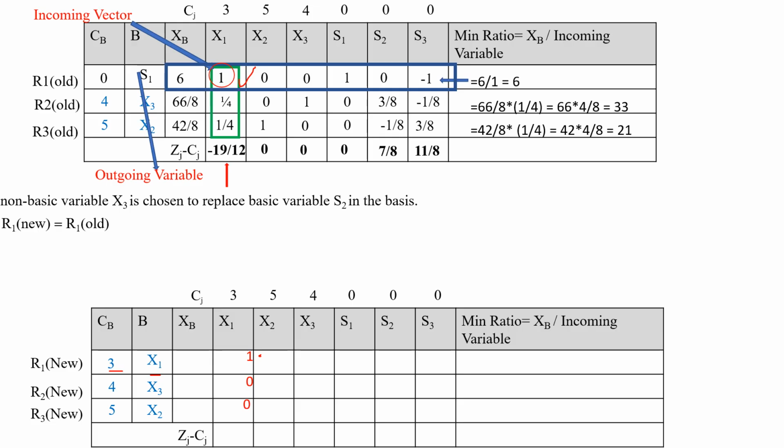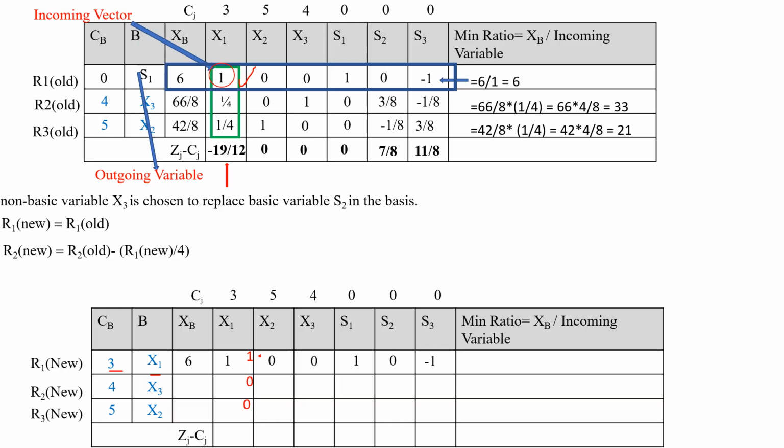Then it can be written as R1 new equal to R1 old. So the R1 new values are the R1 old values, that is 6, 1, 0, 0, 1, 0, minus 1. So next we look at the second row, that is R2 new.